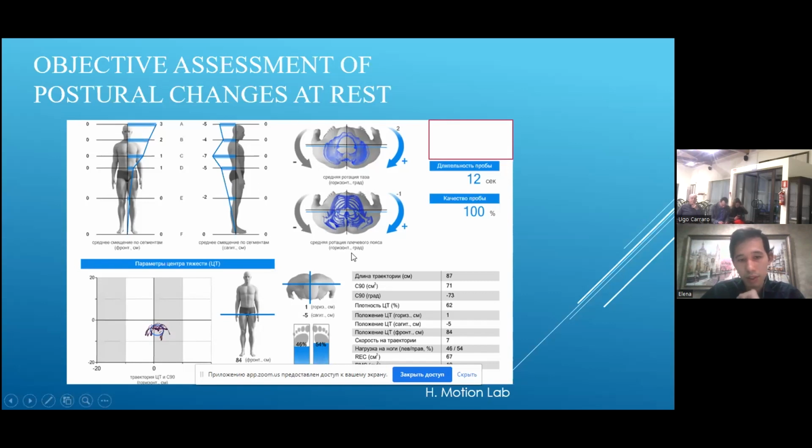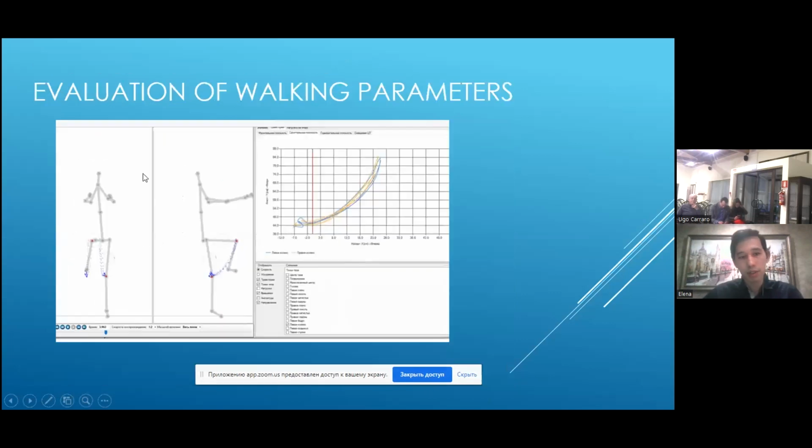In the next slide, we can see evaluation of walking parameters like length of steps, number of steps, angle of steps, trajectory, and so on. So we can assess tremor and rigidity movements.